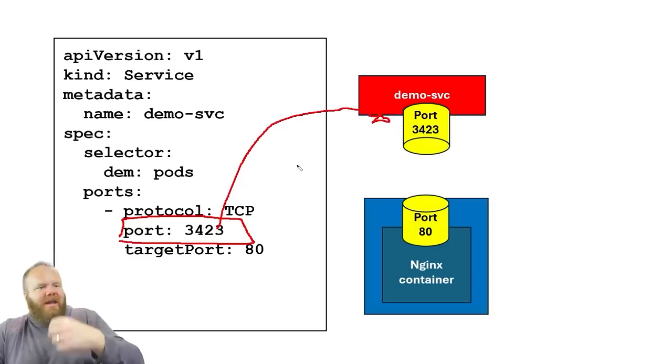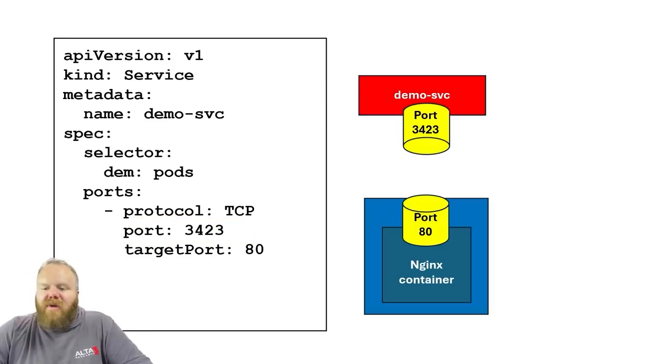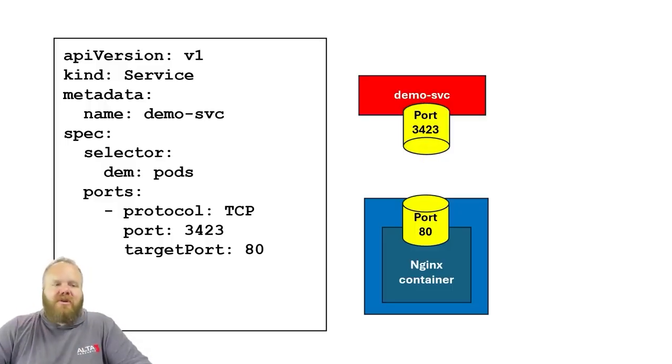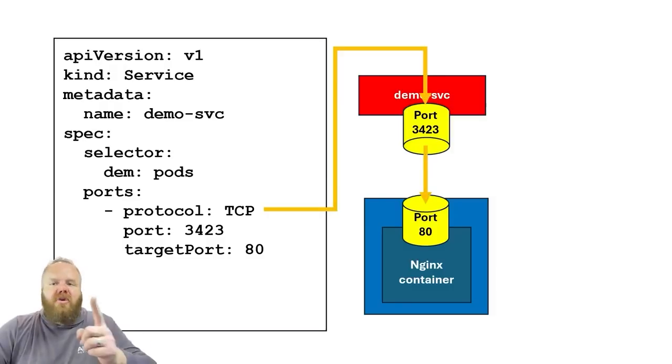It maps a direct relationship: if you go to this service at this IP address and that port, 3423, it'll take you to this port on that Nginx container, allowing you to access the application.